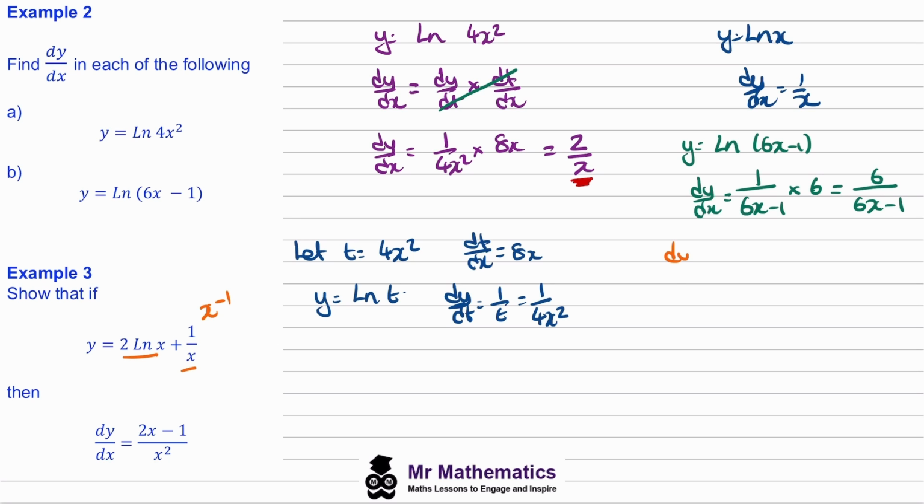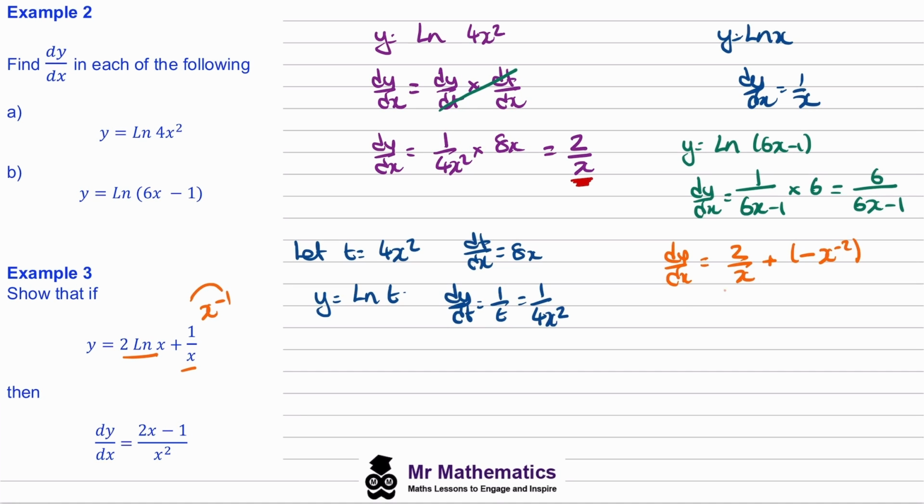So dy by dx will be 2 times the natural log of x, so 2 over x, plus we'll bring this power down, this negative 1 down, and we'll get a negative. Then we'll take away 1 from this power, so x to the negative 2.